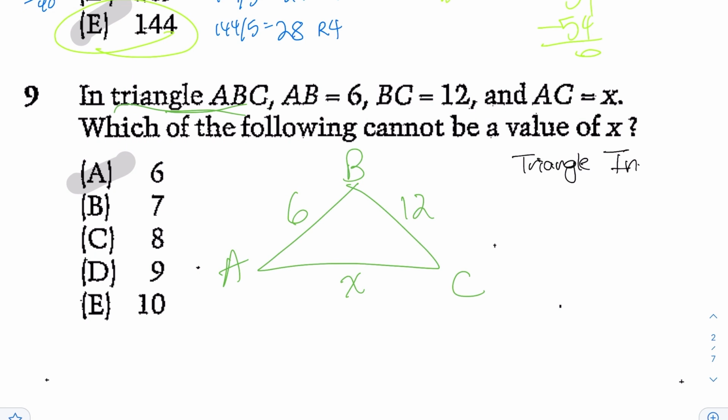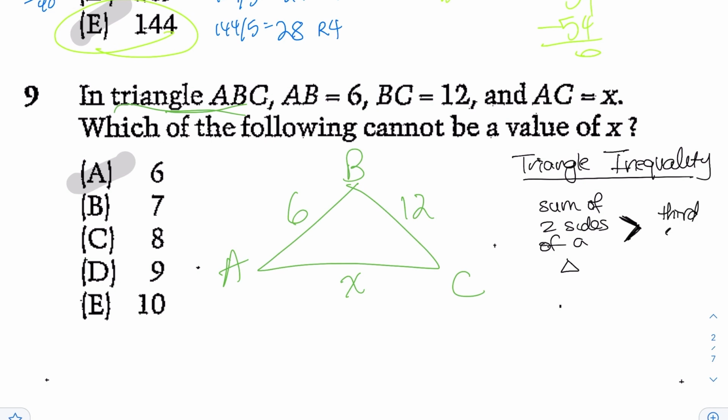The triangle inequality theorem states that the sum of two sides of a triangle must be greater than the third side. For example, let's use different letters. Let's have x, y, and z.